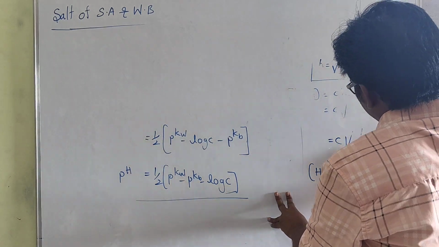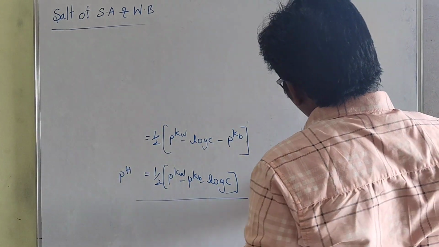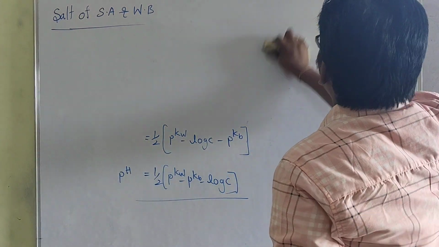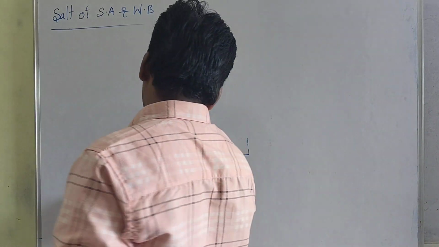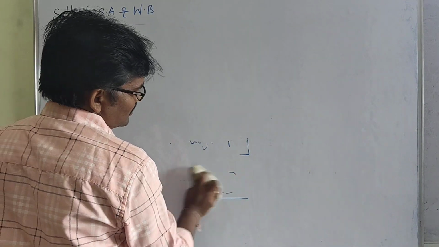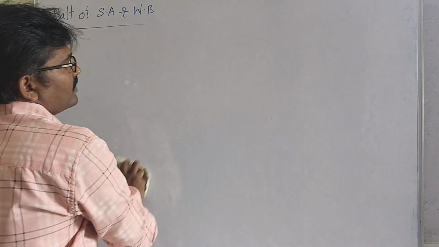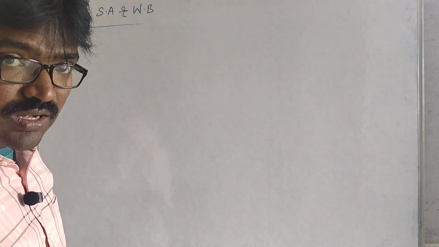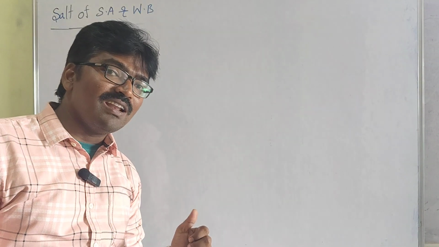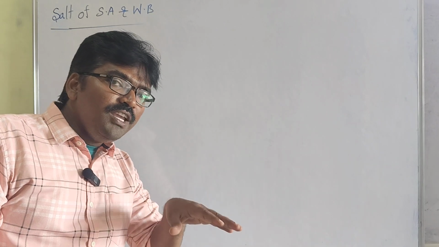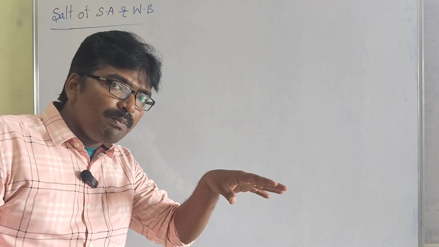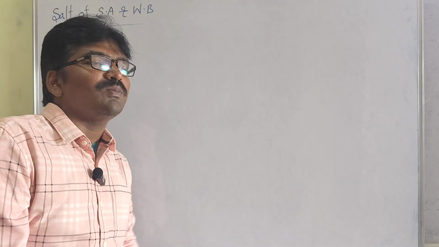When both parts are weak parts, how does hydrolysis take place? For any salt, only the weak part is going to hydrolyze, nothing but the weak part is going to combine with either H plus ion or OH minus ion.